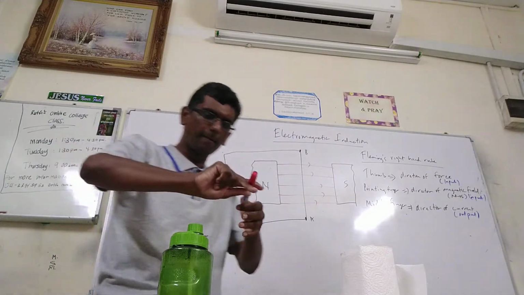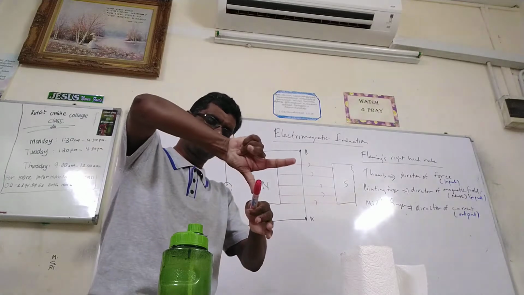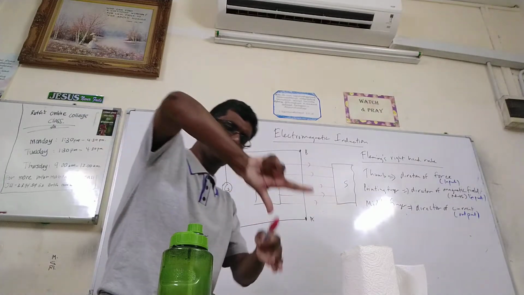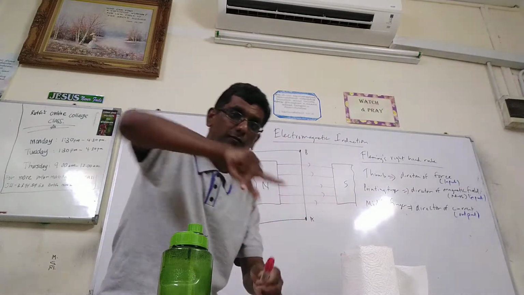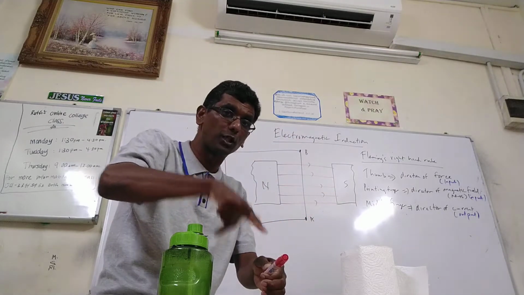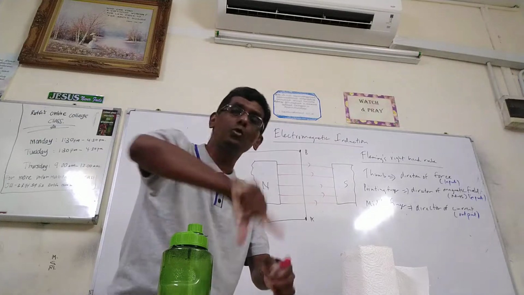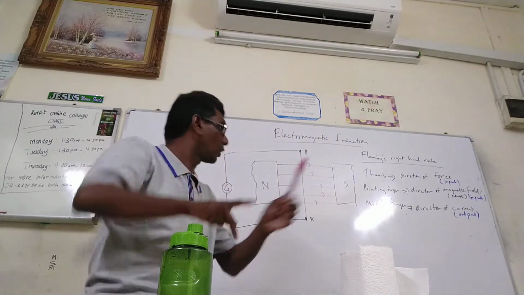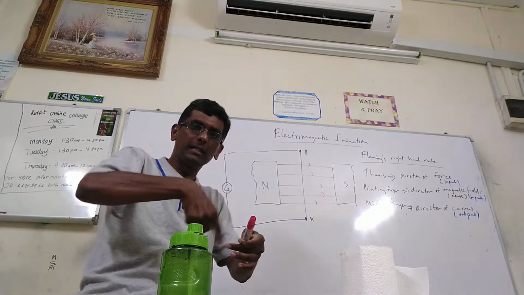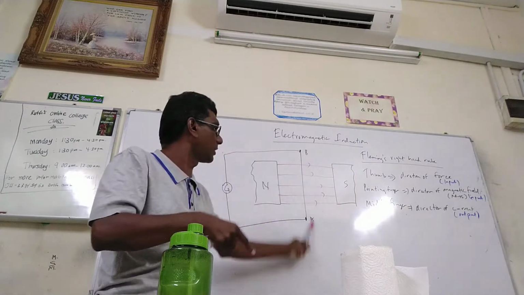I repeat again. With the North Pole and South Pole, when the force acts downwards, you must provide the force. You must cut the flux. This wire is conductor AB.